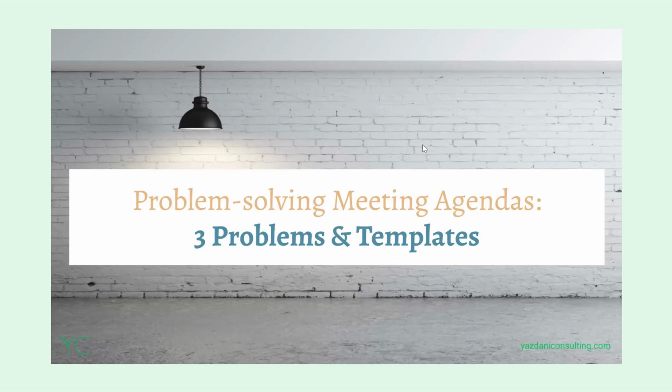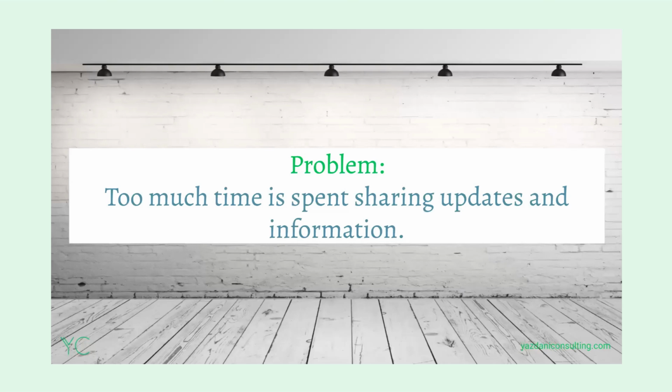So let's look at 3 common problems often faced by teams, committees, and collaborative groups. And I'll share a template for a meeting agenda that can help address each problem. A common problem is that too much time is spent in meetings sharing updates and information.